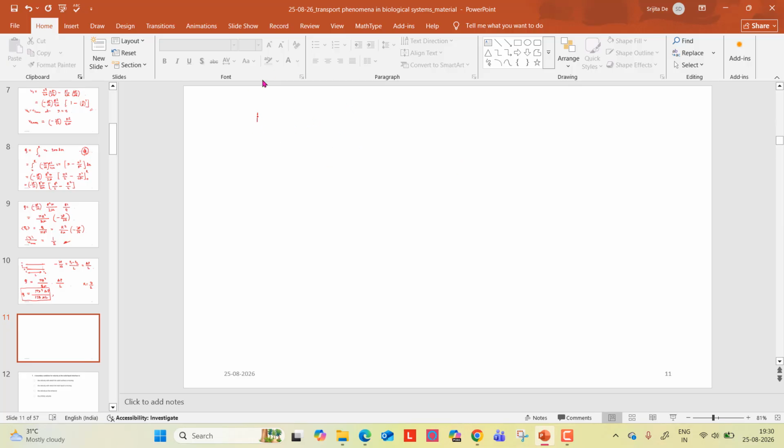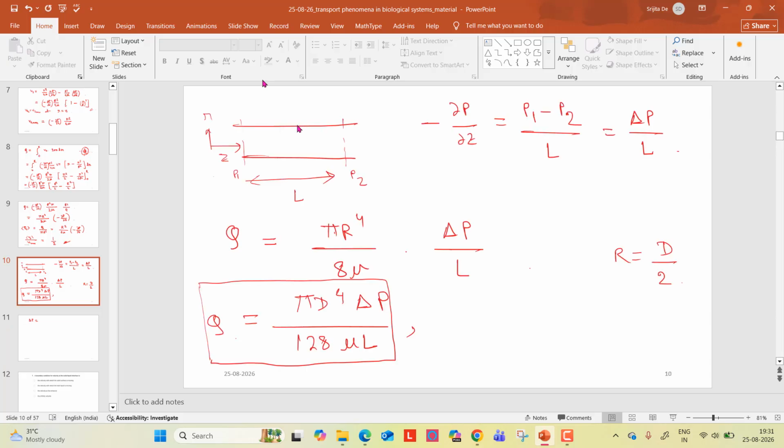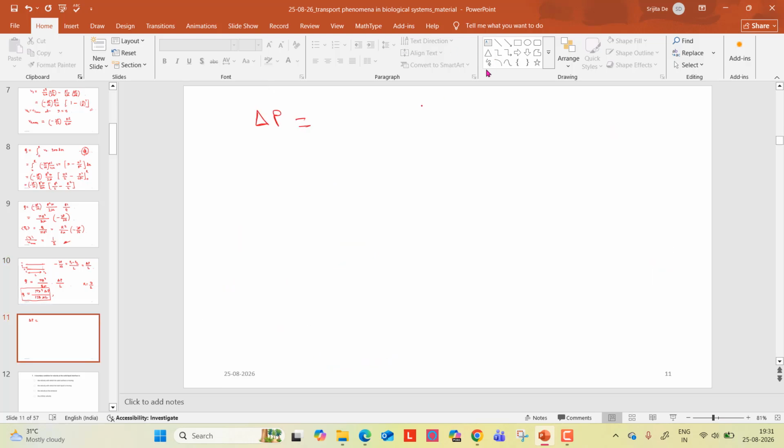So now if you want to solve for delta P, what will be coming? So delta P will be coming as 128 mu L Q by pi d to the power 4, right? So it will be 128 mu L into Q by pi d to the power 4.